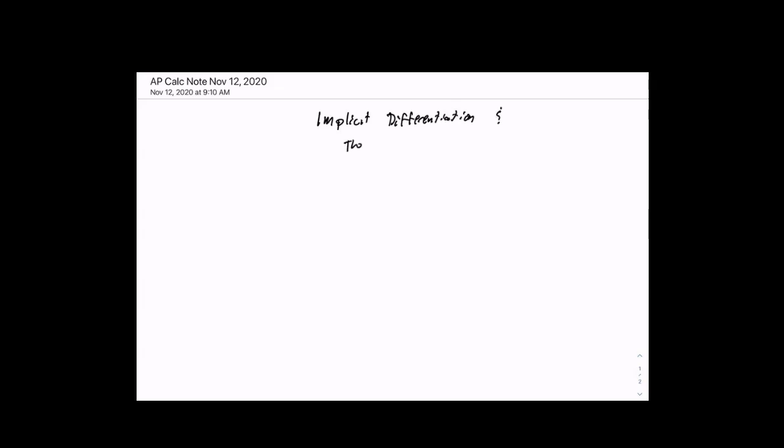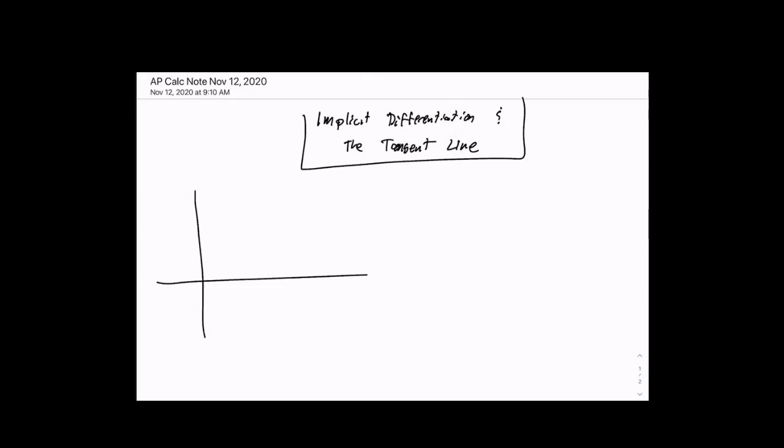And the tangent line. So a couple of things to note here is that because of the way implicit functions can work, it is possible that we have an implicit function that looks like this.